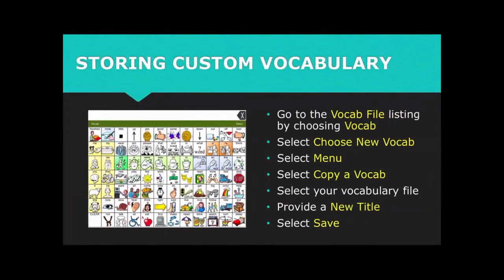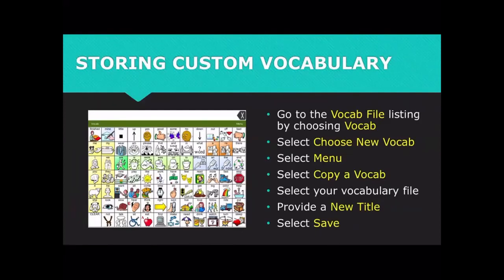With storing custom vocabulary, they give us 3 options to use, and they're locked like they were yesterday. To unlock them, we need to go to the vocab file listing by choosing vocabulary in the top left of your application screen, and then select choose new vocabulary.